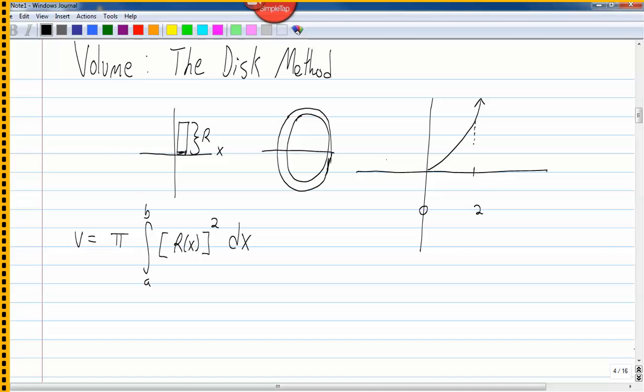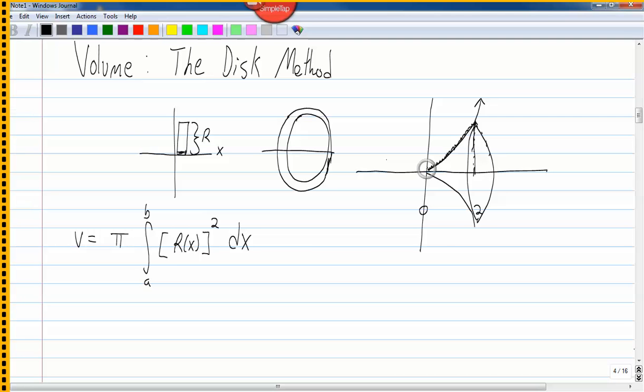If I took this part of the graph and revolved it about the x-axis, it's going to make some solid funnel-type figure. And you may be thinking, how do I know what the radius is? The radius right here is 0. The radius right here is 2. Well, the radius is changing depending on where you are on this function.